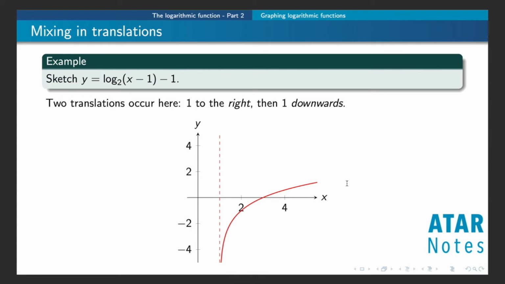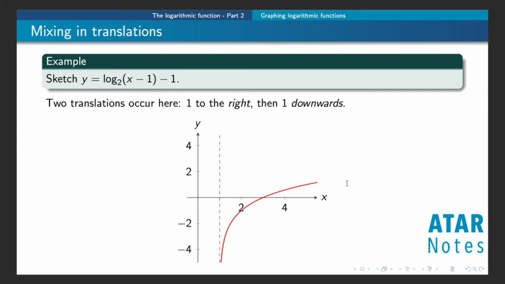And just as another example very quickly, of course, you don't have to just be doing translations only left or right or up or down one at a time. You may of course be given questions that require you to do translations in both directions. So long as you are comfortable with that, everything's all good.